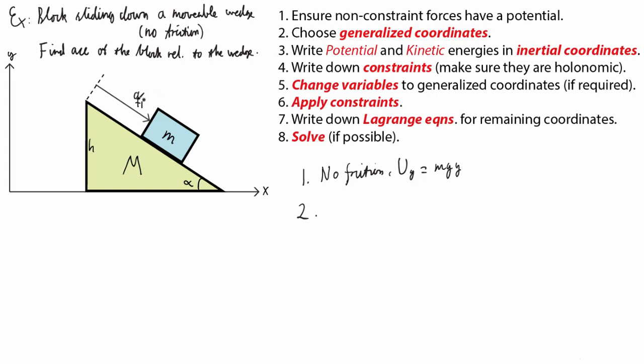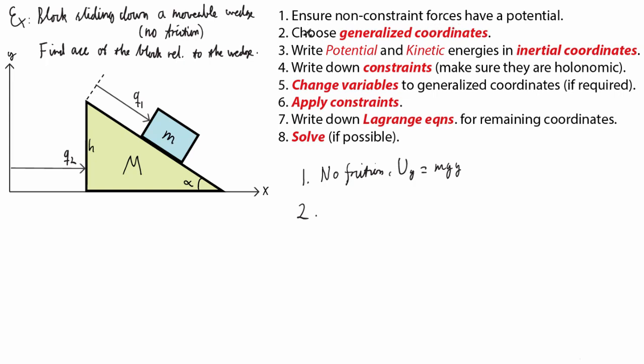Here, this will come out completely naturally without us having to do anything in particular. Okay, so that's one generalized coordinate. The other one should probably be the position of the wedge here along the x-axis. So I'm going to call that one Q2.